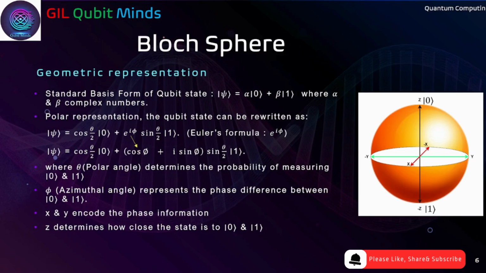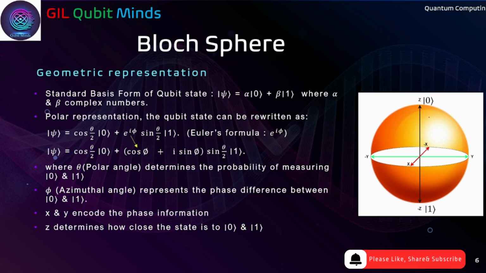Now coming to the Bloch sphere. Previously we were just working with the standard basis form of a qubit state. Now we will see a geometric representation, which is just geometry for our understanding purpose. We map it like this, the Bloch sphere.